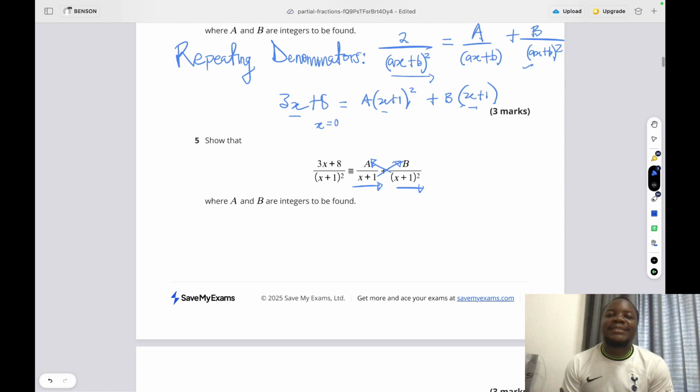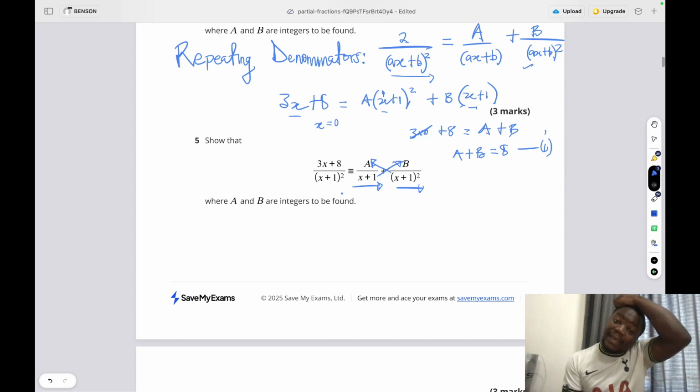So when x is equal to 0, this is 3 times 0 plus 8 being equal to, if I put 0 there, 0 plus 1 is 1, 1 squared is simply 1, times A, I'm getting A. Then B times 1 is B. Since 3 times 0 gives me 0, I've got A + B = 8. This is my number 1 equation.